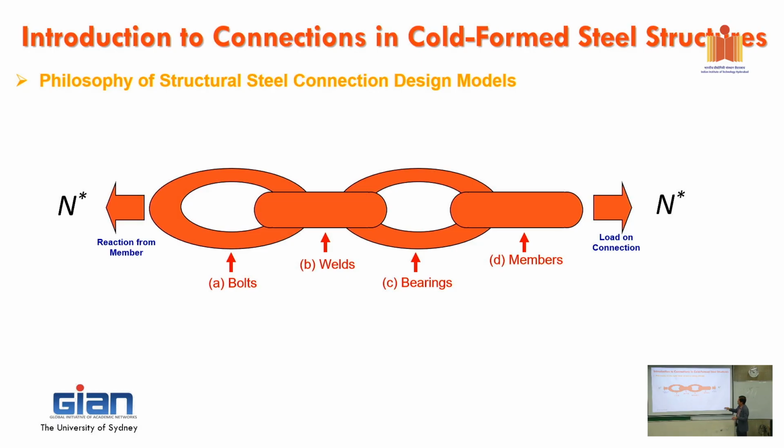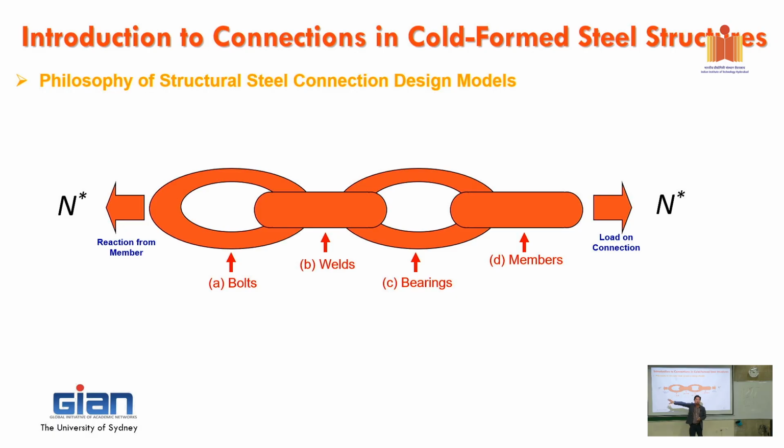So the methodology here is we have to make sure that we check every single failure mode or limit state, and whichever one is the smallest will govern the design. Okay? That's how it works. So back again, the optimization. You don't want to design a connection where you choose very big bolts.